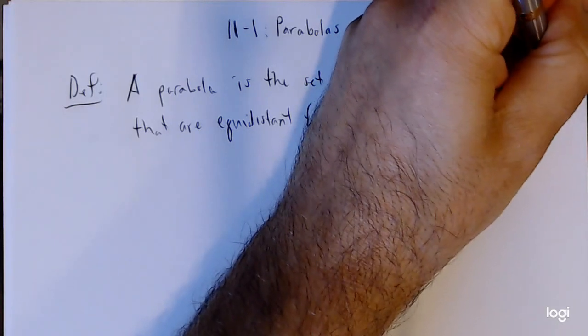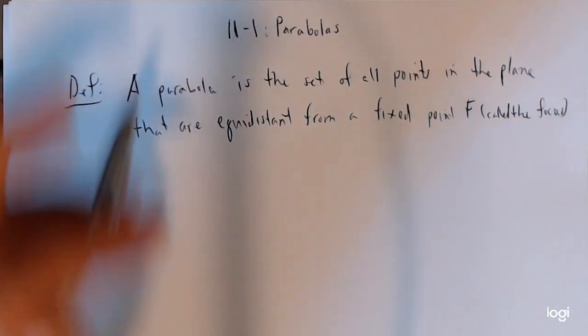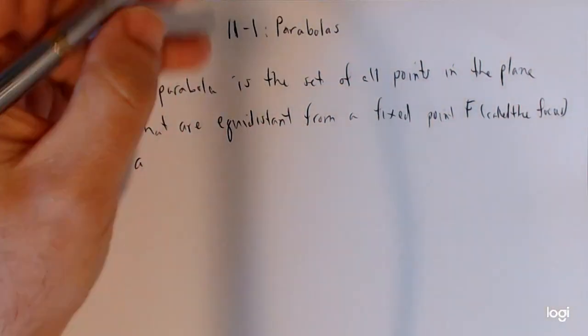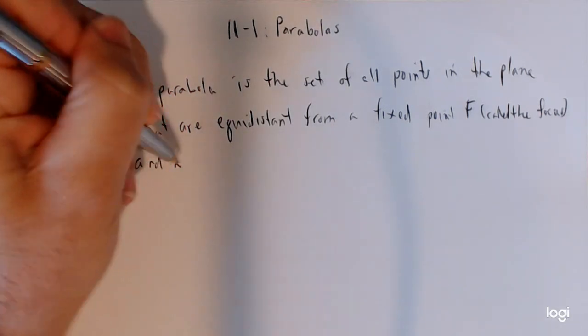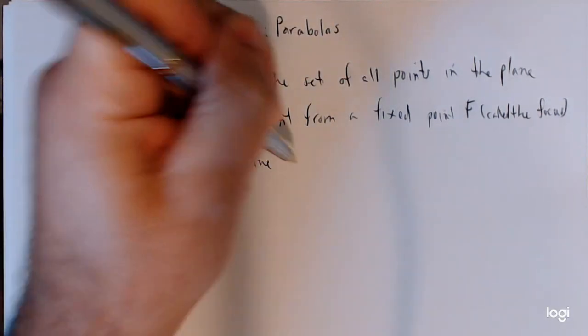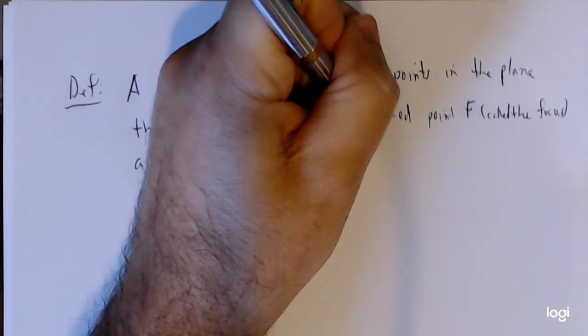So that's known to be the focus, okay? And so it's equidistant from a fixed point, the focus, and a fixed line, let's call it L, and this is called the directrix.